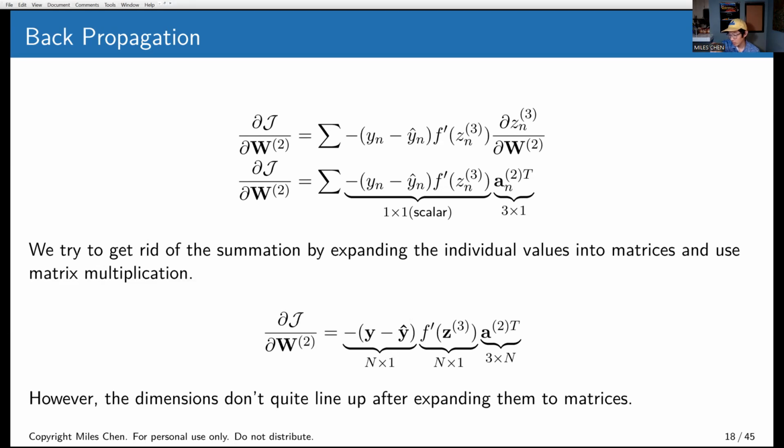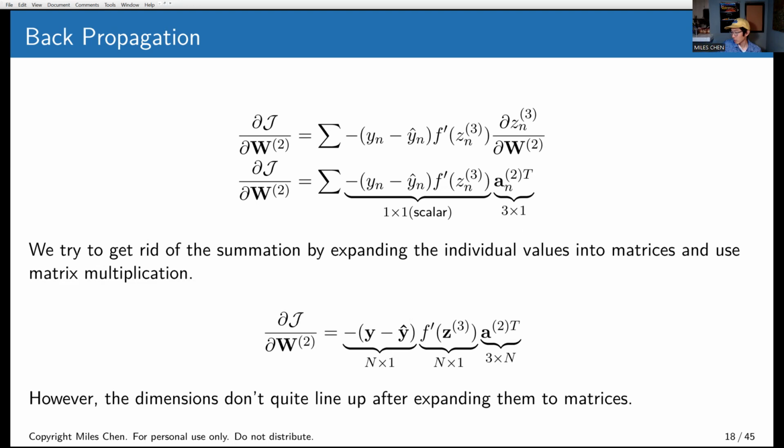I'm sorry, I've got 3 values in one column, a n transpose. If I expand that out, I'm going to get 3 rows, but now n columns. And this dimension multiplication doesn't line up.